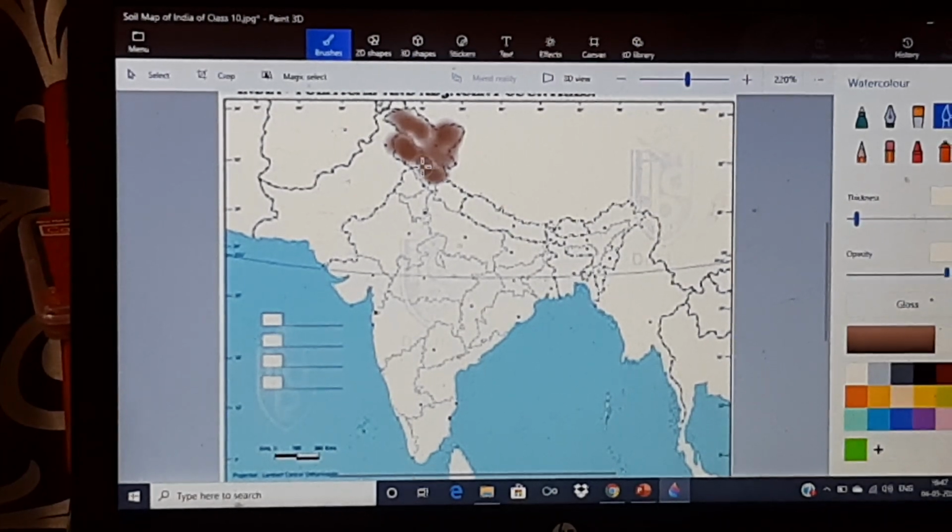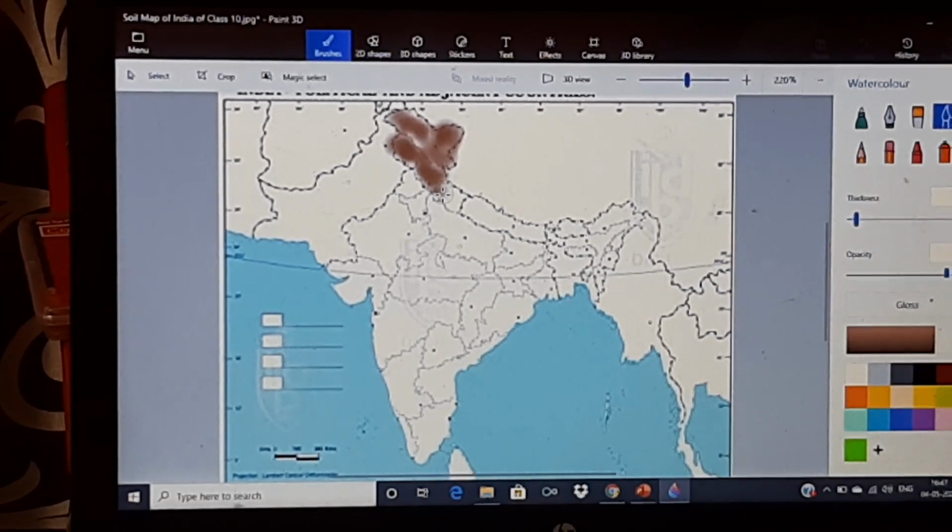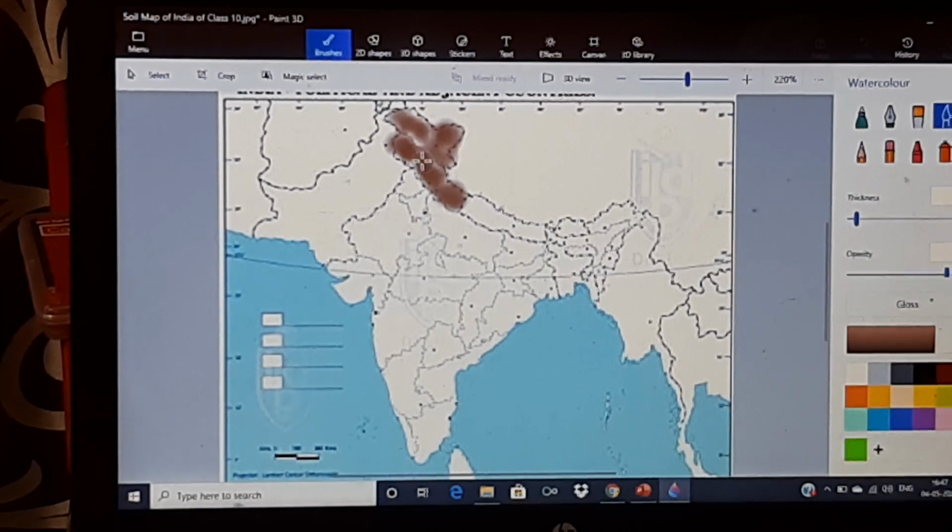Then it is coming to Uttarakhand. Now Nepal is also having a mountain, but though it is not in our jurisdiction, it's not a territory of our country, so I'm going to leave out Nepal. I'll move direct to Sikkim.